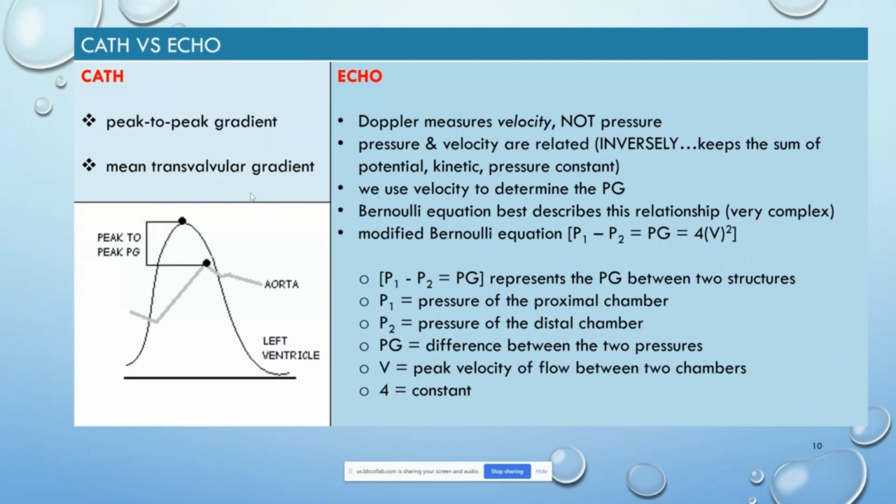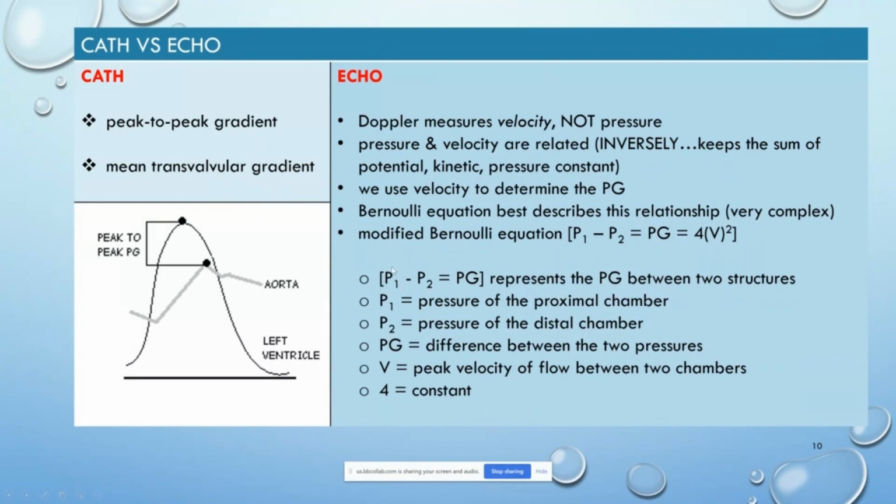The difference in blood pressure is what we call the pressure gradient across the vessel, or the length of that vessel. So we have a formula, and the formula right here is P1 minus P2, which equals the pressure gradient. The P1 minus P2 represents the pressures between the two structures.